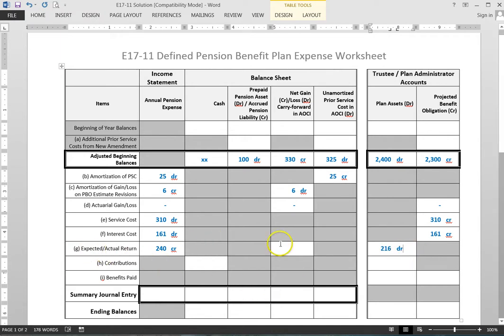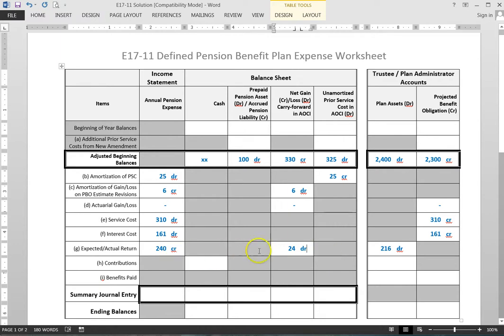Now I can't leave this line unbalanced. I need to force that line to balance, and in this particular case I need some additional debits. I have a $240,000 credit, $216,000 debit. I need an additional debit here to balance this thing out, and in this case that would be $24,000. That will force this line to balance.